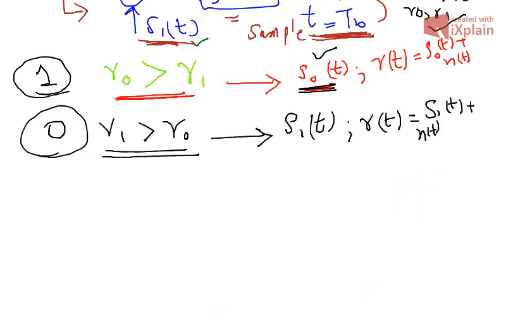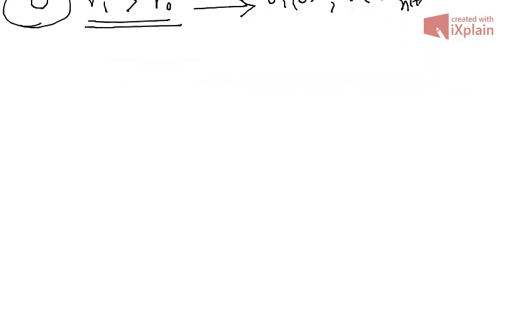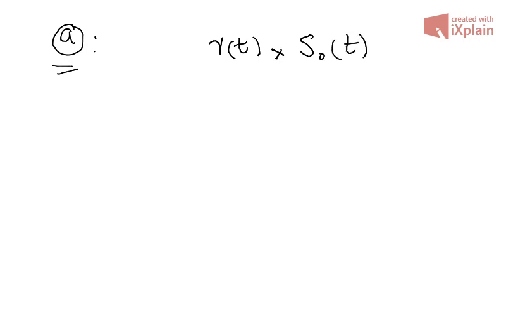In this block diagram, at point A, I have the product of the signal r(t) and S0(t).